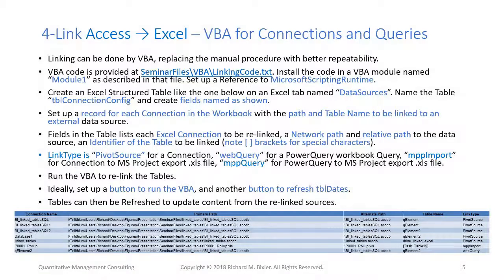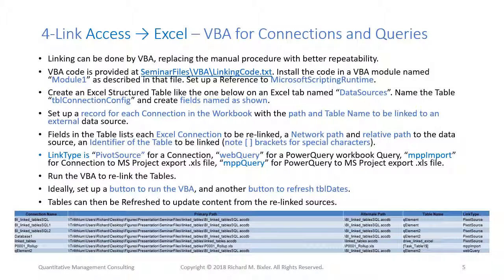Table Connection Config includes a record for each Excel data connection and PowerQuery connection to be relinked. Fields include Connection Name, which identifies a connection named in Excel to be relinked. Primary path, the path to the Access database ACCDB file containing a query or table to be relinked, or to an Excel workbook containing a table or worksheet to be relinked.